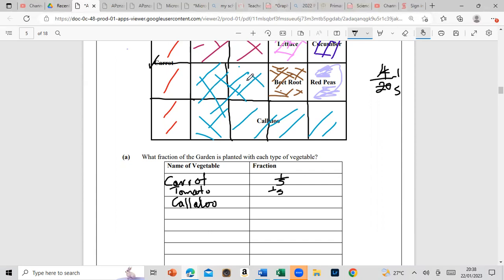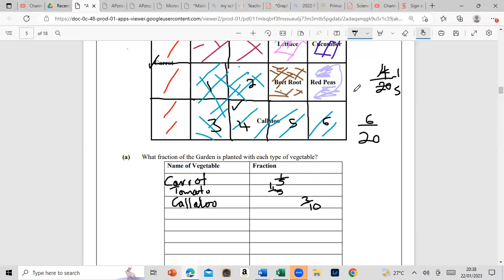So this is 1, 2, notice I color coded, 3, 4, 5, 6. So 6 over 20 is the same as 3 over 10. We divide both by 2, so that's 3 over 10. So we have 1/5 and 1/5, and we have 3 over 10.